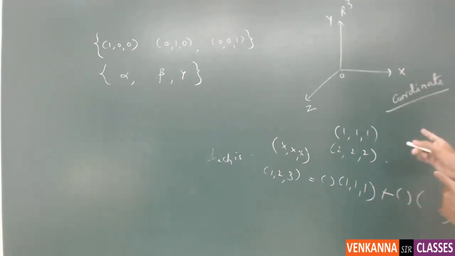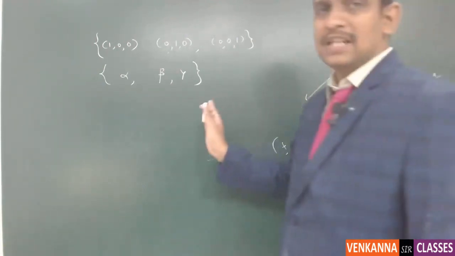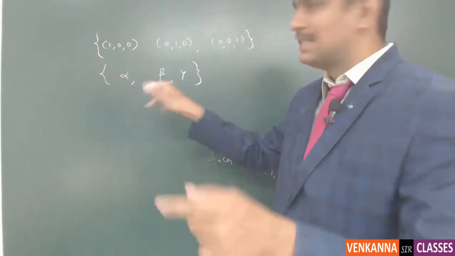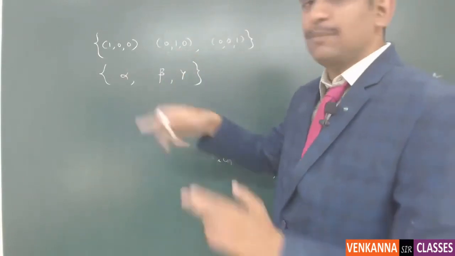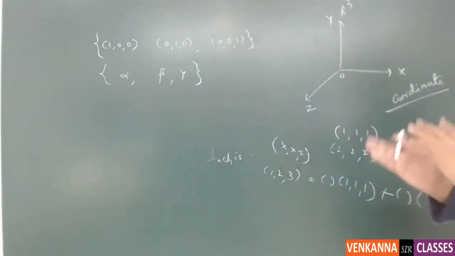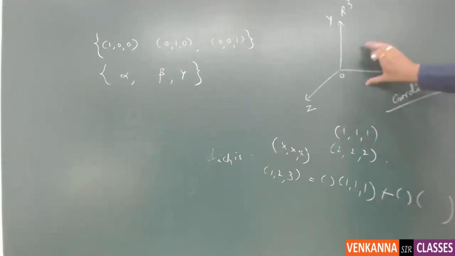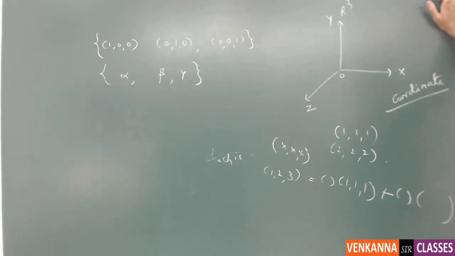You have found a new coordinate system in R cube, where one axis is alpha, one axis is beta, one axis is gamma. You can think of it as a transformation of axes. You have taken three mutually perpendicular vectors. If you observe the pattern, the 3D system is nothing but three mutually perpendicular lines concurrent at one point.